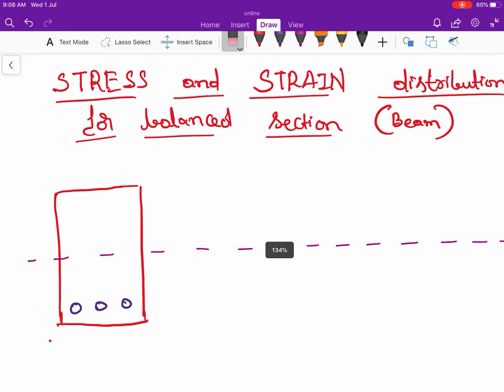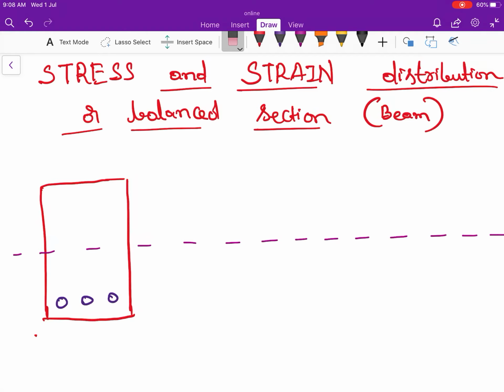Here we are going to study stress and strain. First I am going to draw the strain diagram. This is the singly reinforced beam, where I am going to make the strain diagram.